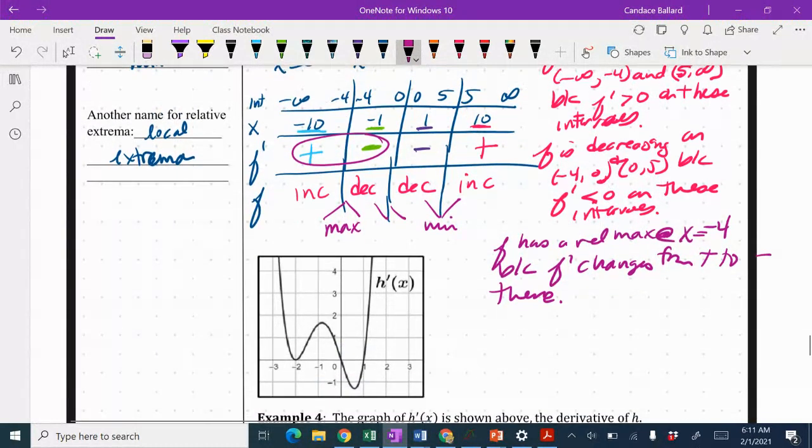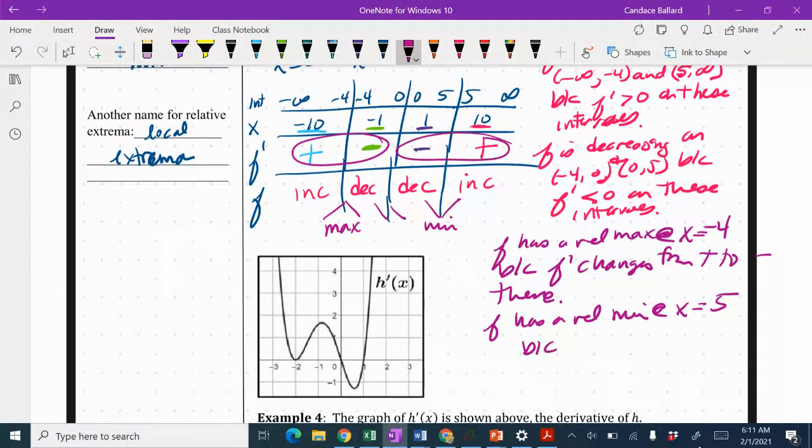And then f has a relative min at x equals 5 because, again, I just look at my chart, f prime changes from negative to positive there.